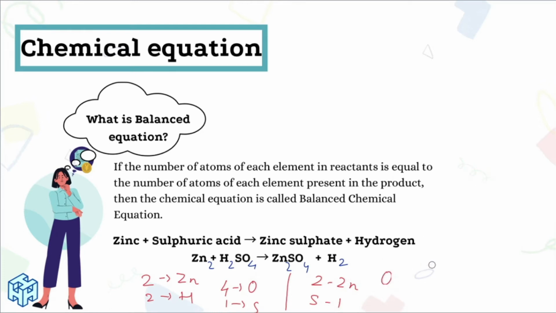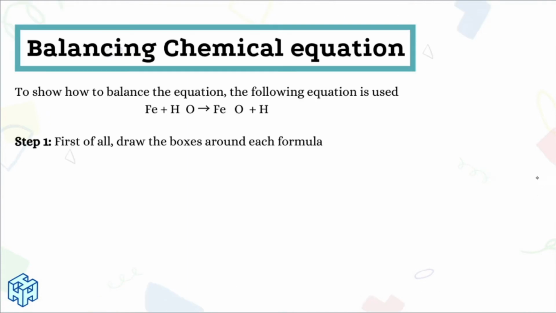Are you able to see it? 4 oxygens and 2 hydrogen. Let us compare, sir. 2 zinc, 2 zinc, 2 hydrogen, 2 hydrogen, 4 oxygen, 4 oxygen, it's balanced. Are you able to see? Simple: if the number of atoms of each element in the reactant is equal to the number of atoms in the product, it should have an equal number of elements on both sides.